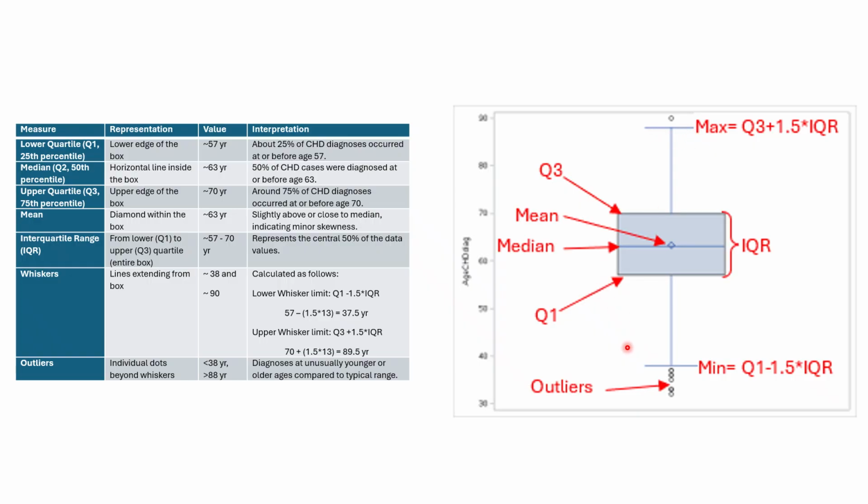So why we need to calculate the upper bound and the lower bound of these whiskers is because any value which is outside that range will be considered an outlier, and we might like to remove those outliers. These are kind of the representation of the values which do not fall within the range.